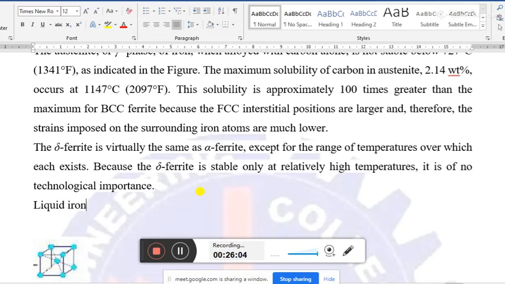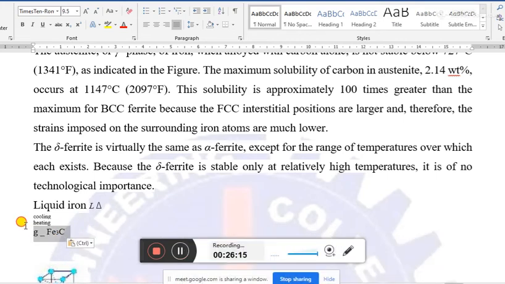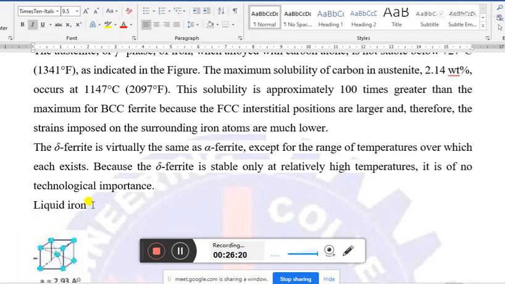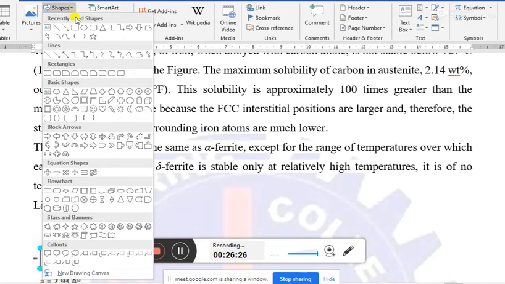Liquid iron. For better understanding, we can write it as an equation.